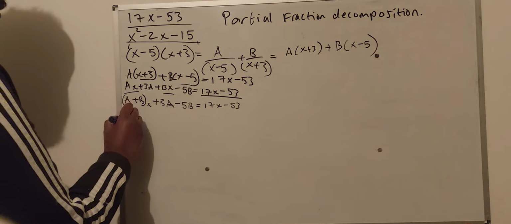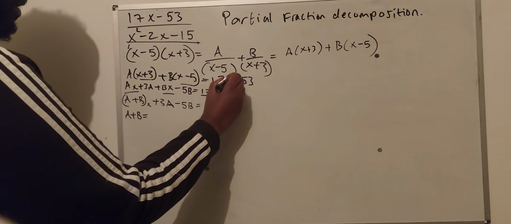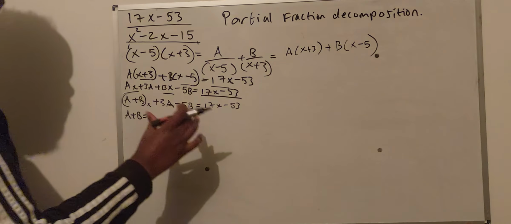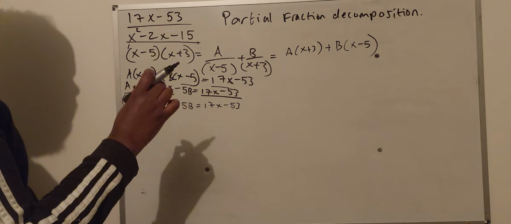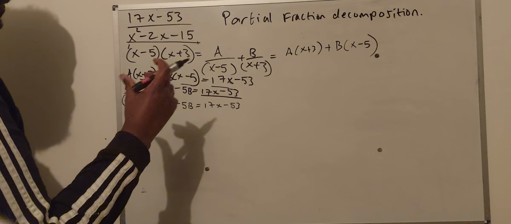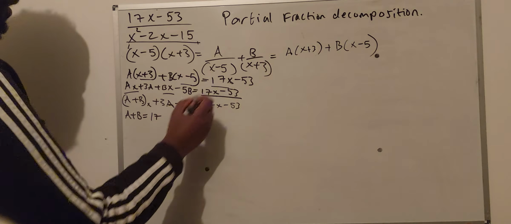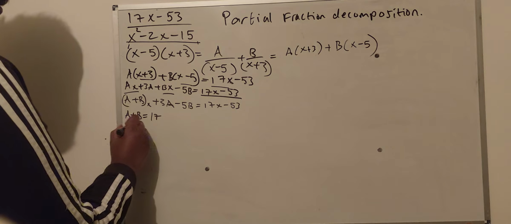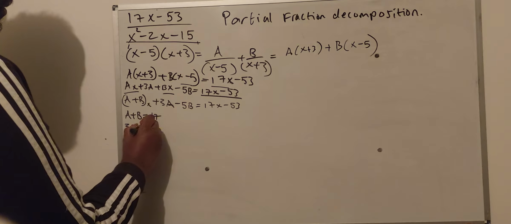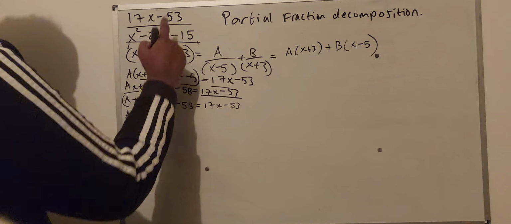Then what you want to do next is make a plus b equal to 17, because it carries the x. That's the like terms. That's how you combine the like terms and how you find the answer. So a plus b equals 17, and then 3a minus 5b is equal to minus 53, because that's the value there.